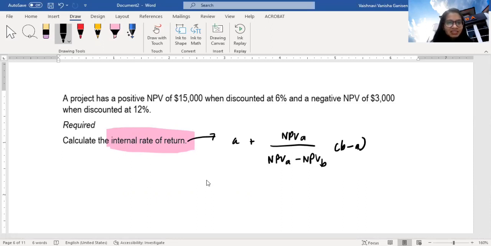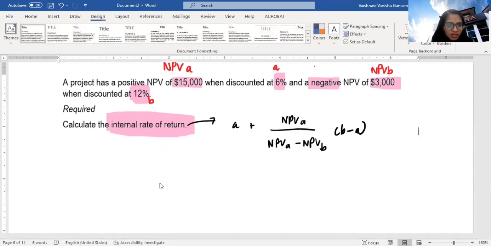A project has NPV of 15,000 when discounted at a 6% discount factor, and a negative NPV of 3,000 when it is discounted at 12%. So this should be NPVA. This is A. Here NPVB. This is B.